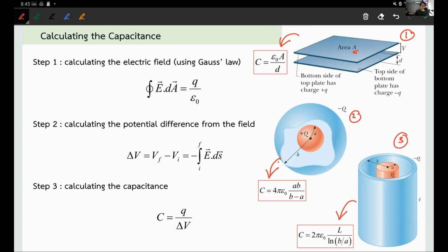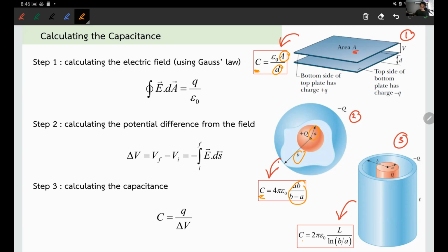For the parallel plates, the capacitance depends on how big the plate is and the separation between the plates. For the spherical, it depends only on, see, the 4 pi epsilon naught, which is constant, but it depends on the radii of these 2 spherical shells. See, the a is the inner radius and the b is the radius of the outer spherical shell.